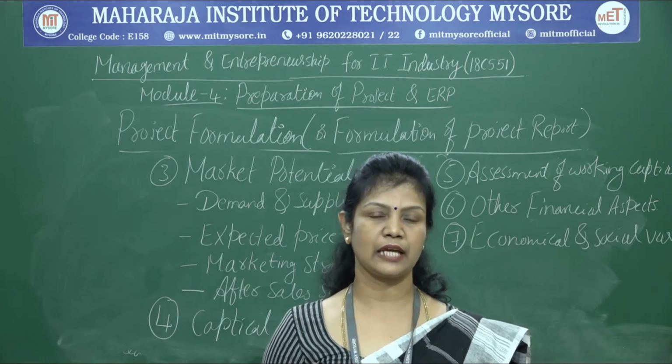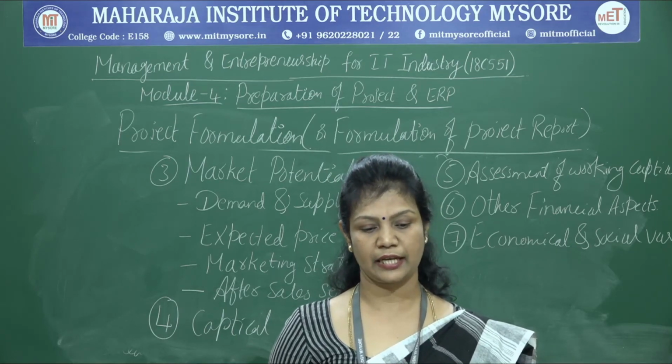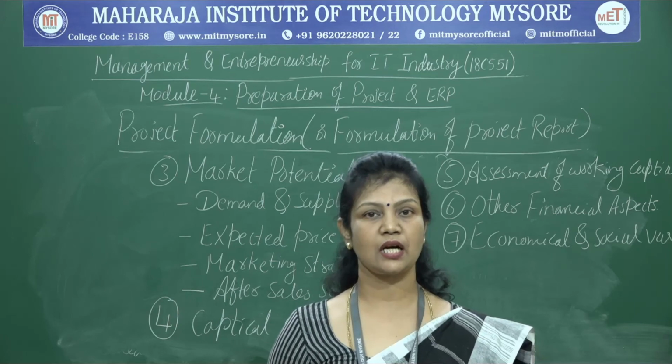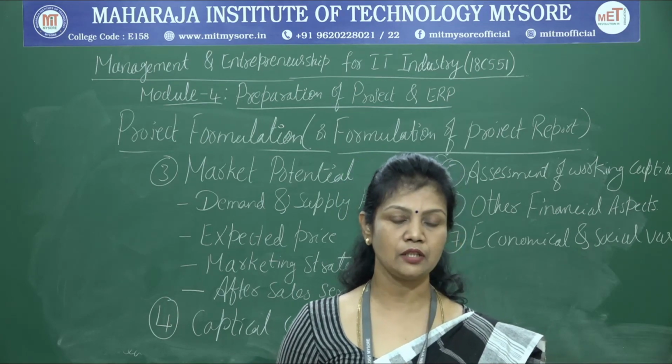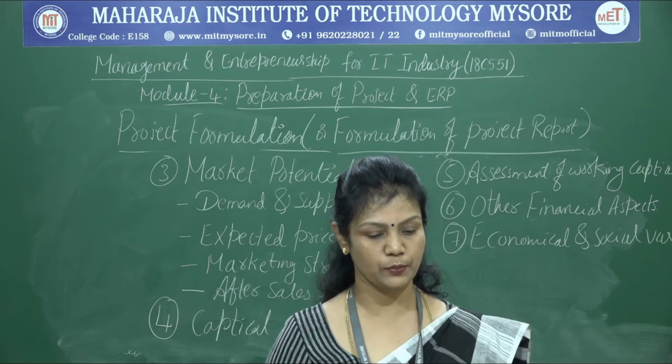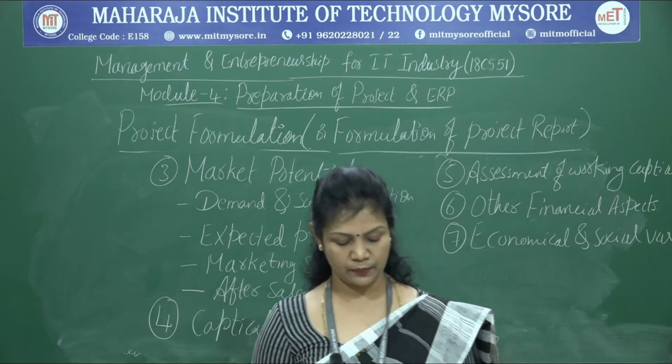So here they have to mention how they are going to control the damage, like pollution control, what is the cost that is going to be incurred by the organization, and so on, needs to be specified under the economic and social variables.